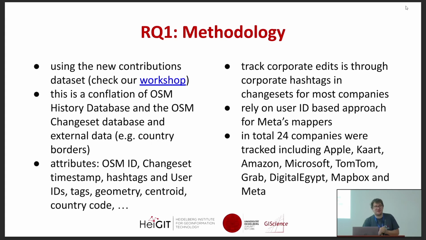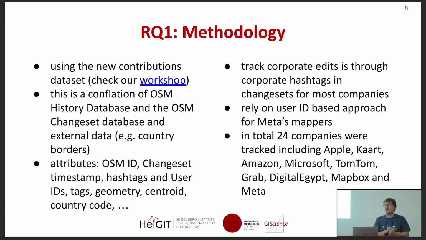When you want to take a look at mapping done by corporate mappers from Meta, they use several hashtags, but it's not consistent enough that you can say this is the hashtag and then you get contributions from Meta. So there you rely on a different approach, where you have to go by individual user ID. This is a bit more complicated because you first have to find out which users actually map for Meta.